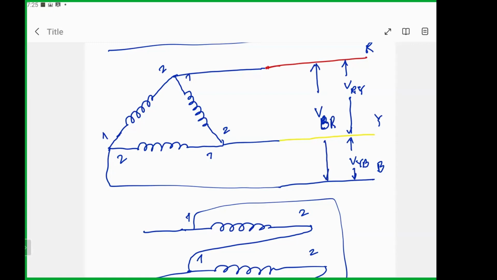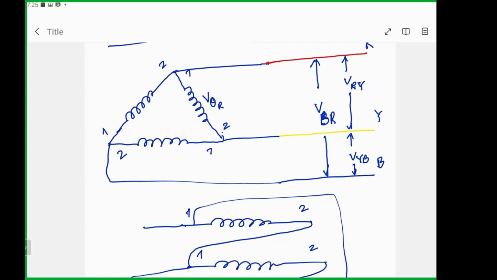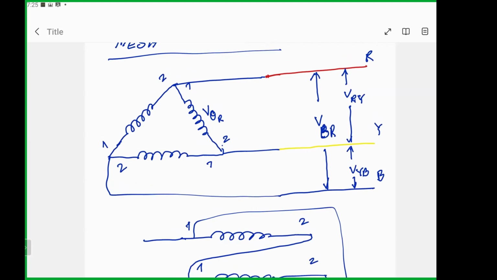Then the phase voltage across each of the coils. We consider this one as my phase voltage related with R, because terminal 1 is connected with R. We cannot actually determine which phase it belongs to, because number 2 is connected with Y. So we take the assumption that whichever coil has number 1 connected belongs to that particular phase or line.